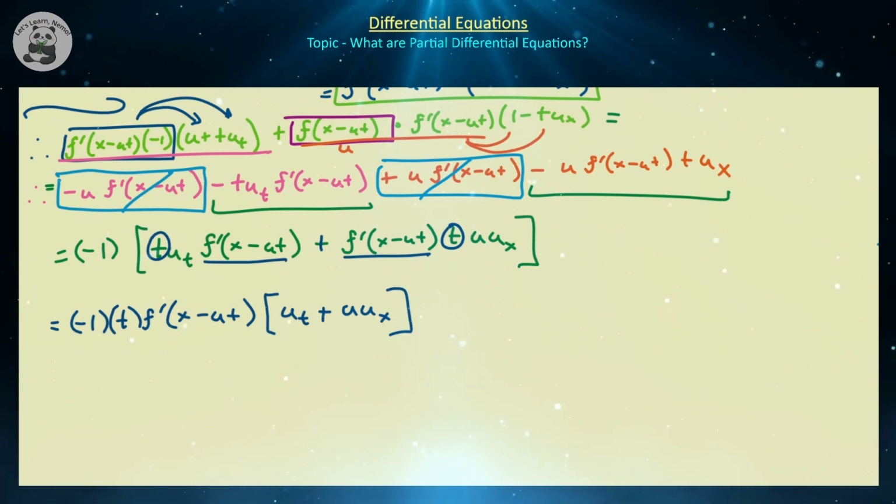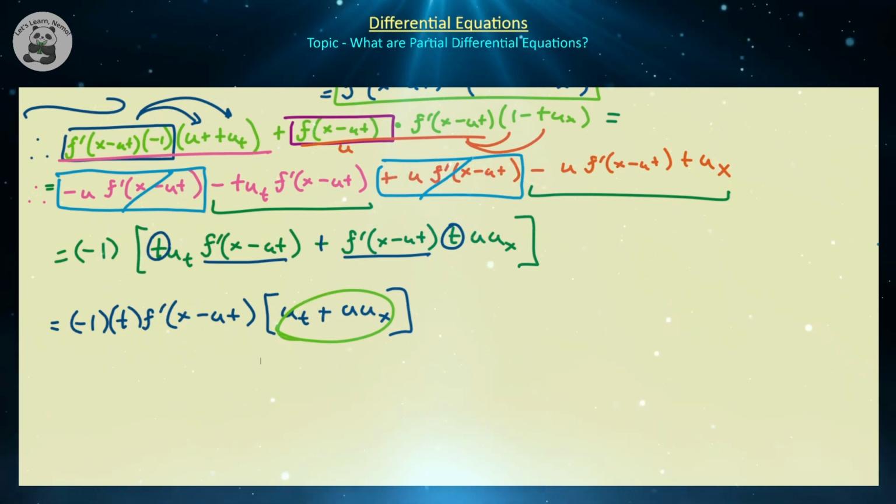But keep in mind, we're assuming that this u is a solution to this particular equation, so it must satisfy ut plus u ux equal to 0. We don't want to enter a circular logical argument here.